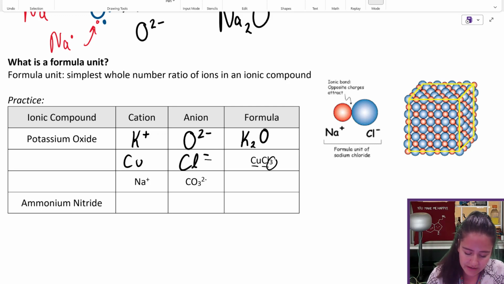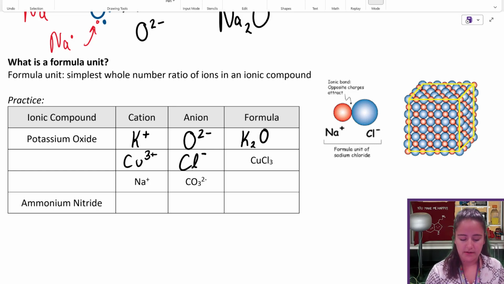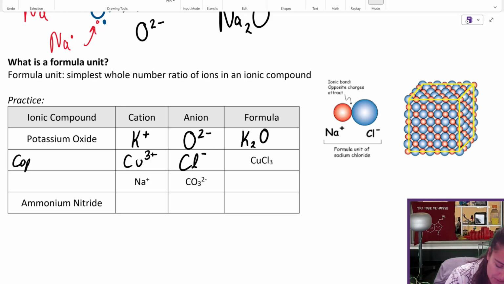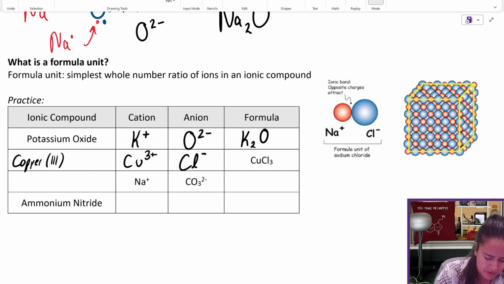Since we have 3 negative charges, I know that the charge on the copper must be a 3 positive. Now, when we have charges on transition metals, we represent them with Roman numerals. So the name of this compound would be copper 3 oxide. Oh, not oxide, chloride.